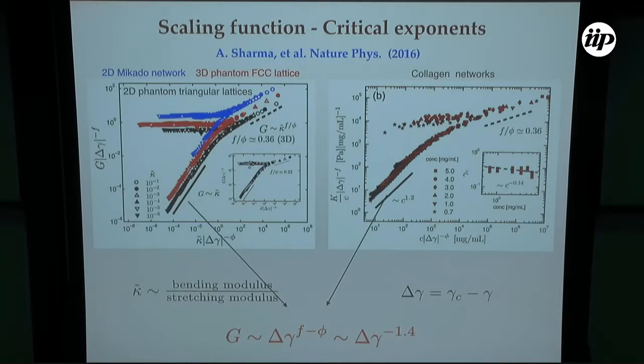These are experiments in collagen networks, and they observe a similar kind of exponent for this system. There is some difference in this exponent from one model to another, but usually it's around minus 1.4, 1.5, 1.6, and so on.